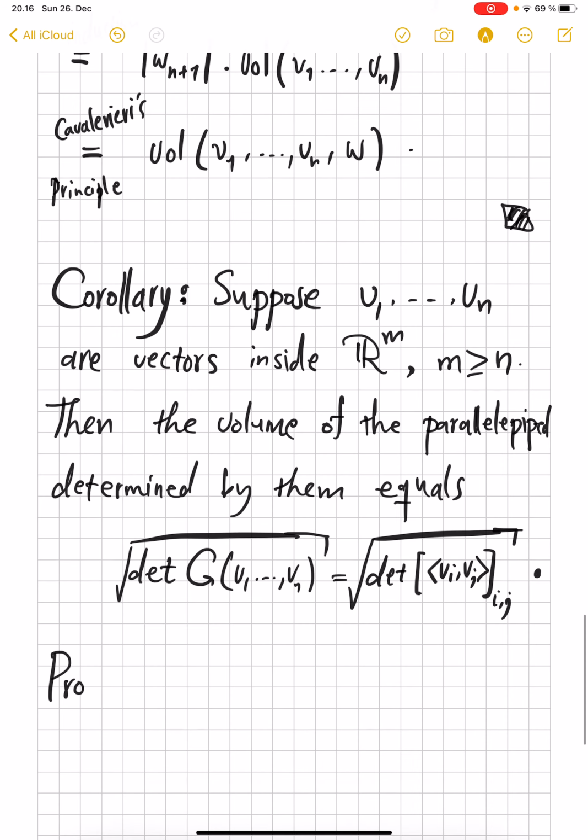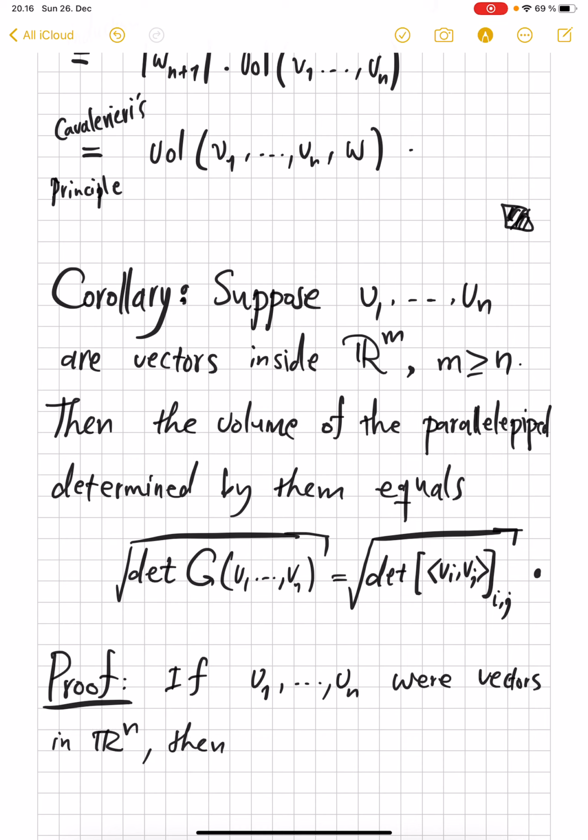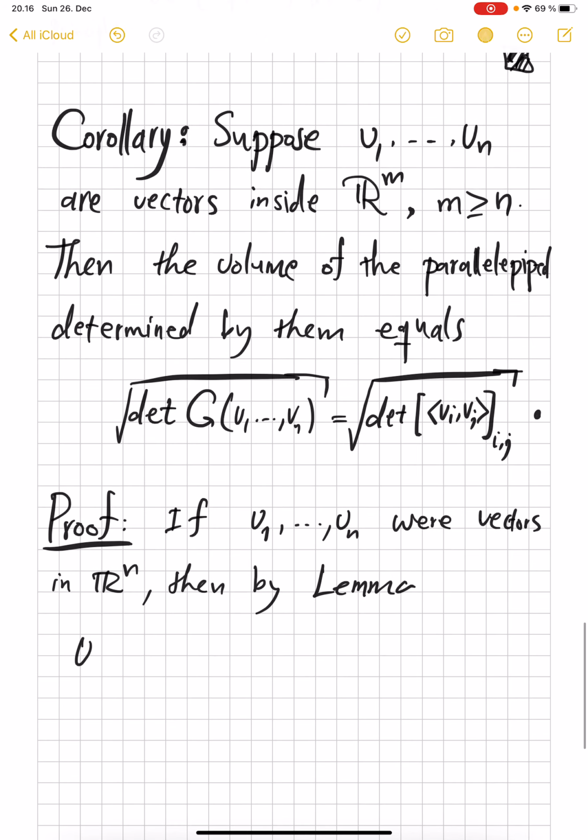Proof. If v1, ..., vn were vectors in R^n, then by the lemma that we just proved, this volume of v1 to vn would be equal to the absolute value of the determinant of the matrix whose columns are the vectors vi.